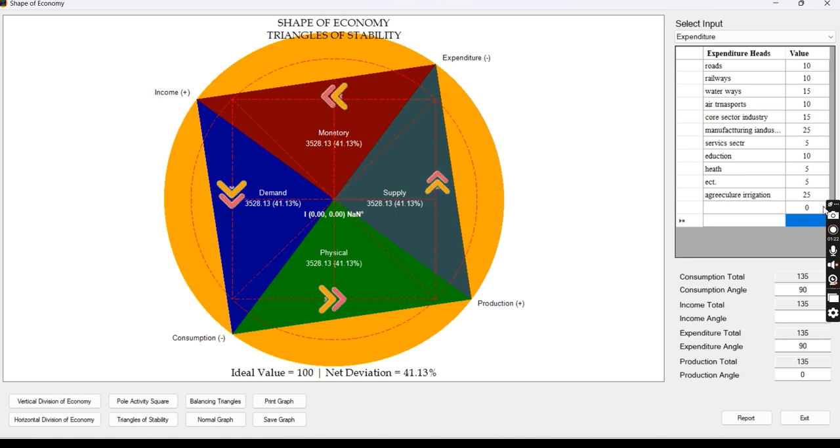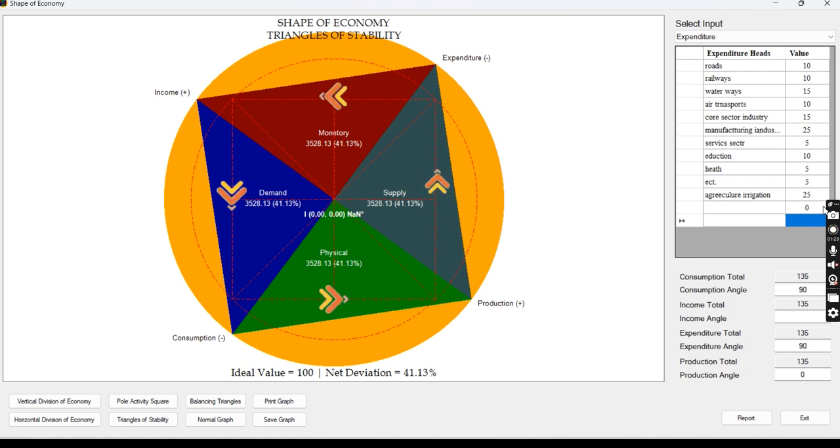Now, without any use of the angle ruler, you can always change the angle, whether it's a productive or unproductive expenditure, what effect it causes, whether it increases demand, whether it increases supply, whether it will cause inflation, whether it will cause recession.